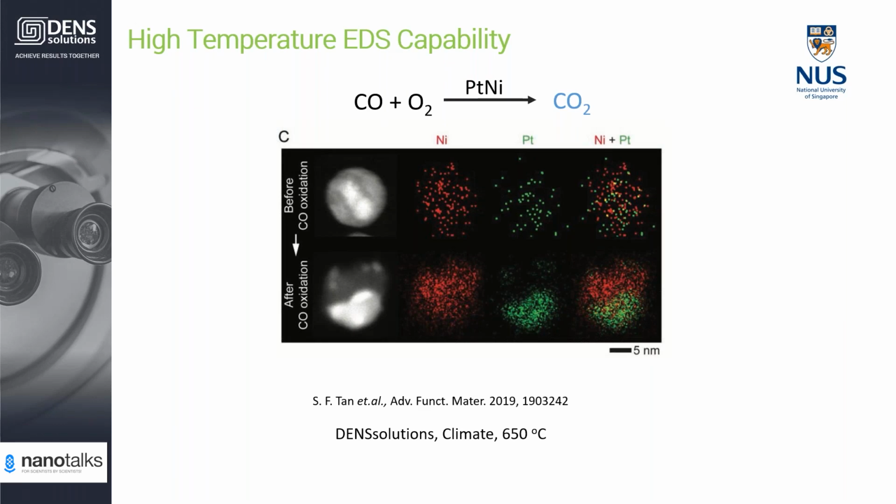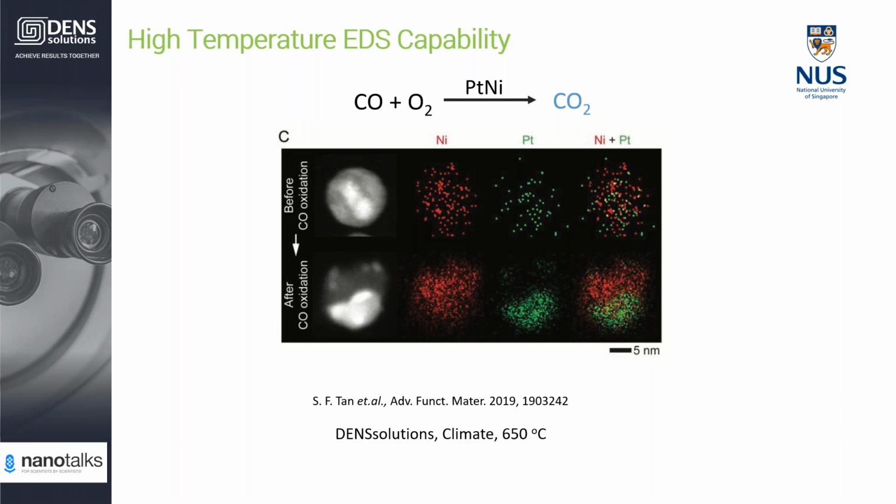you know, as the temperature increases, there is also a lot of thermal radiation from the holder, from the grid, from the TEM, which is also a kind of electromagnetic X-rays, similar to the EDS signal.